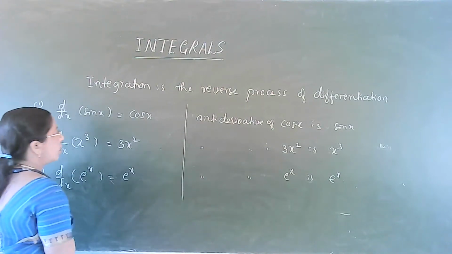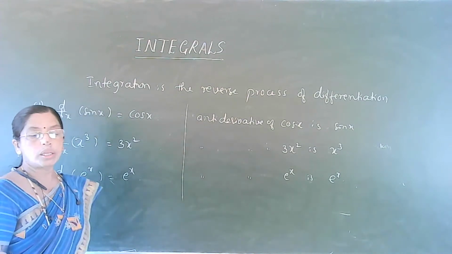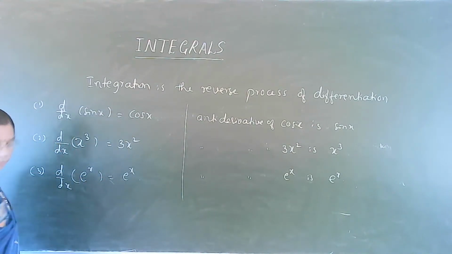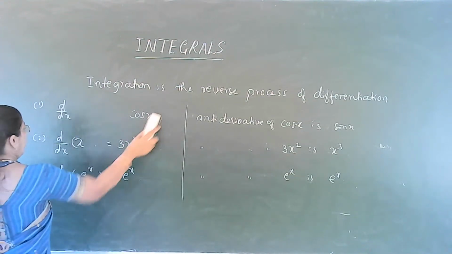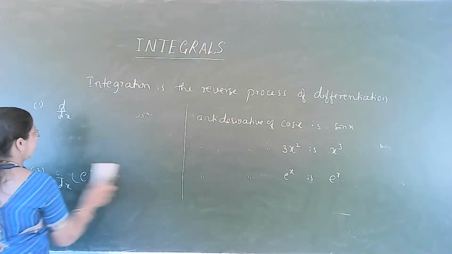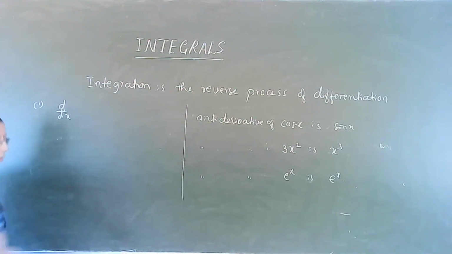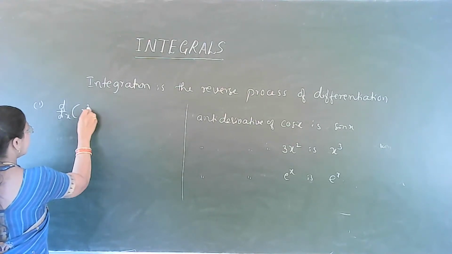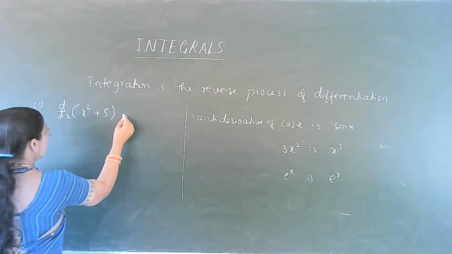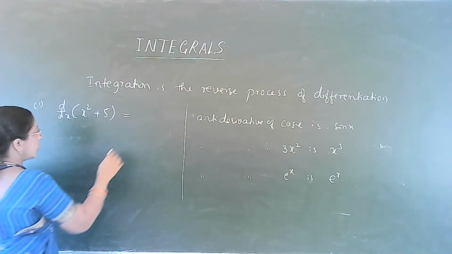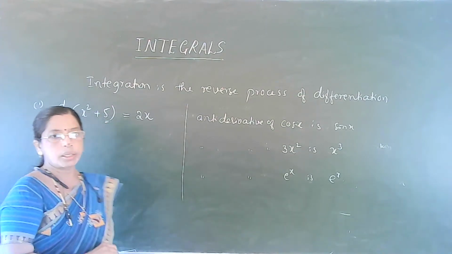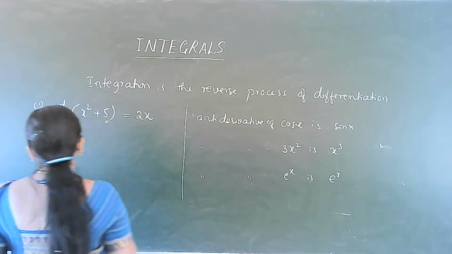The same thing, but sometimes a constant is there. Like d by dx of x square plus 5. The derivative of this is 2x, since the derivative of a constant is 0.